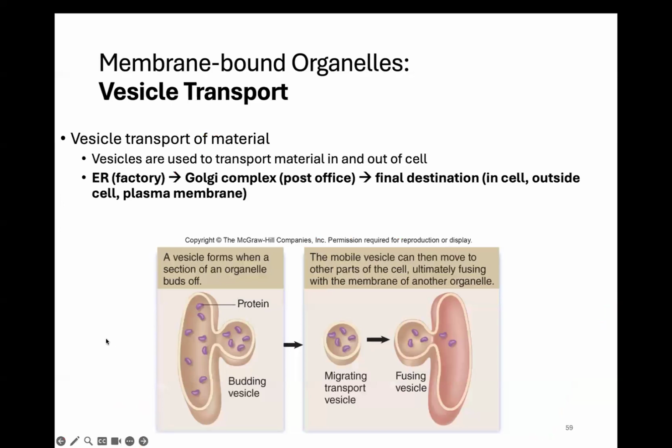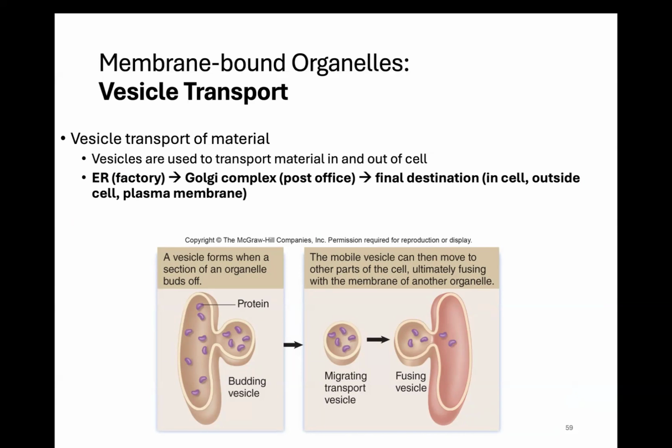So, vesicle transport. In cells, there are these things called vesicles. They're basically small membrane bound sacs, and they transport materials within the cell. They play an important role in moving proteins and lipids from the ER, remember, the ER is the factory of the cell, to the Golgi apparatus.